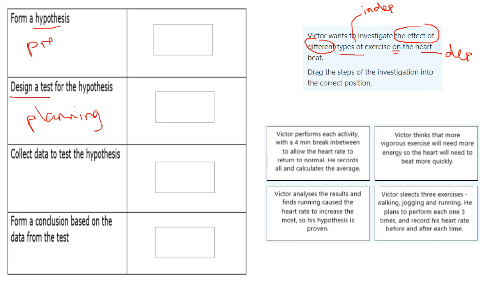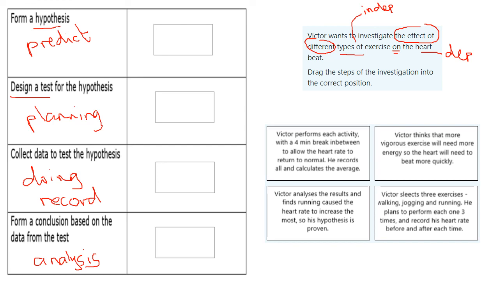Predicting, guessing what will happen. Collecting the data means doing, and you will normally at this stage be recording, either recording numbers or recording observations, things that you see. And drawing a conclusion would be analysis. Was your hypothesis right or wrong?